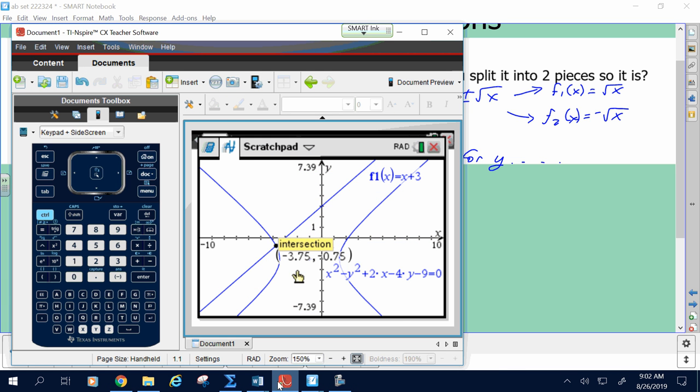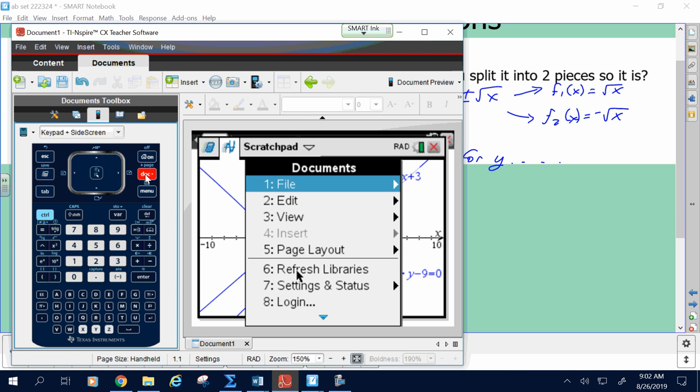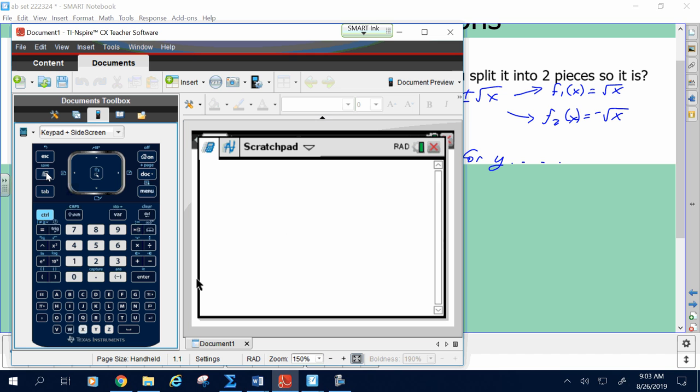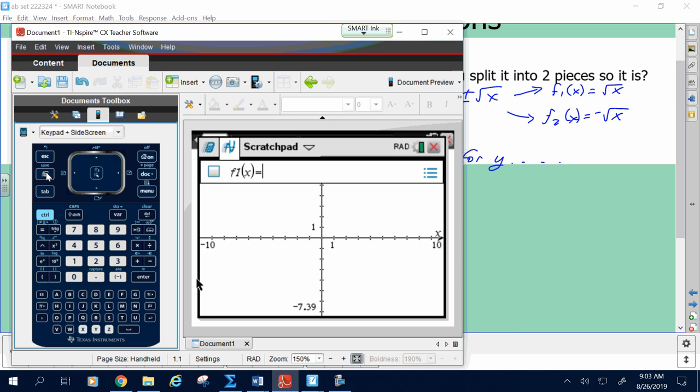So would you go to Document and scroll down to Clear Scratchpad? And then go back to the graphing menu, and we're going to graph that hyperbola with our solutions to see if we did it right. It should look like the hyperbola we just had, yeah? So in f1, let's go negative 2 plus the square root of x squared, what is it, plus 2x?